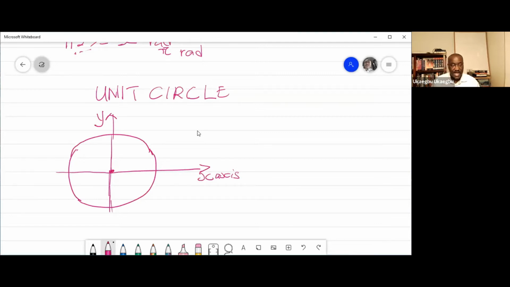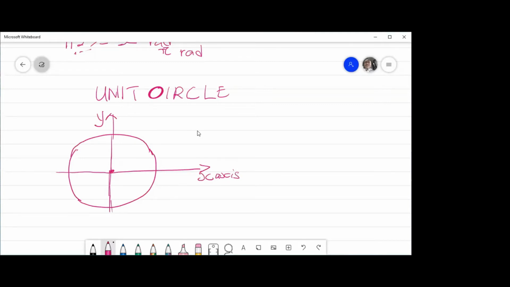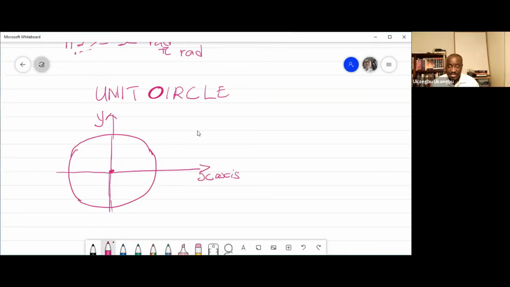Okay, so now why is it called unit circle? It is called unit circle because the radius is 1. Any circle you draw that has a 1 radius, regardless of the unit you use in measuring the radius, is called a unit circle.